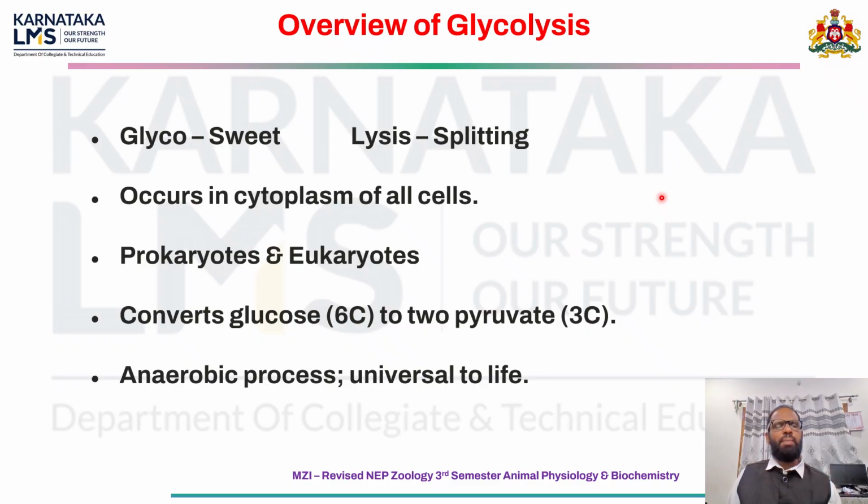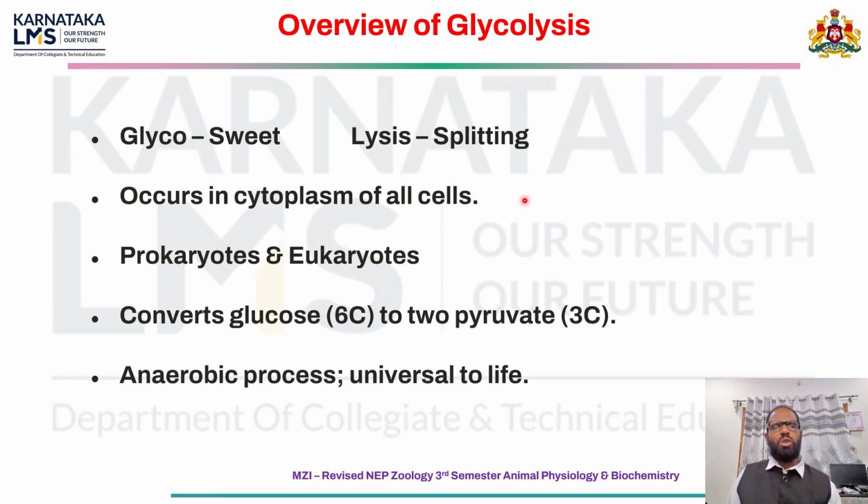The student must be able to tell that glycolysis occurs in the cytoplasm. All the enzymes necessary for glycolysis are present in the cytoplasm, and because of this reason this pathway takes place only in the cytoplasm.